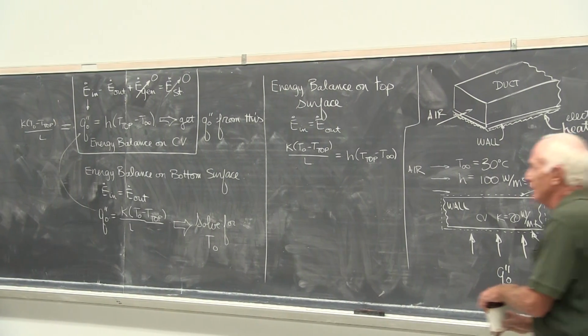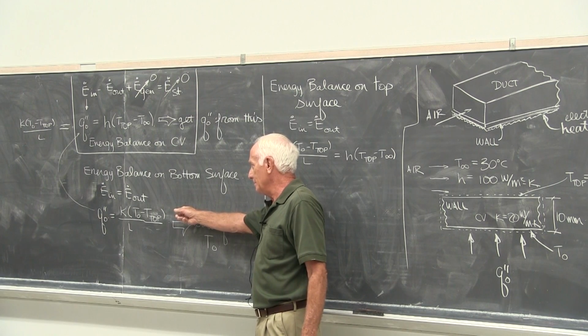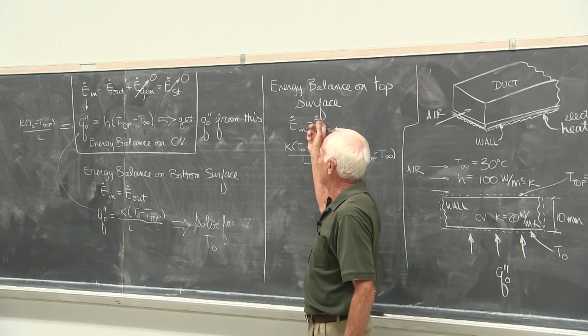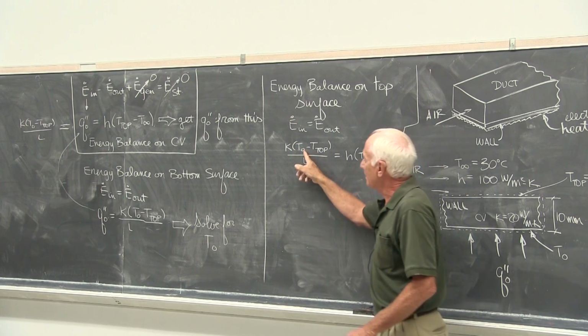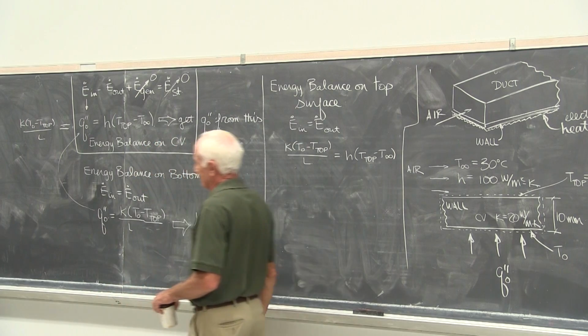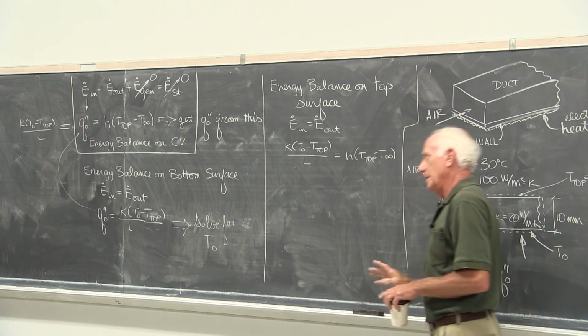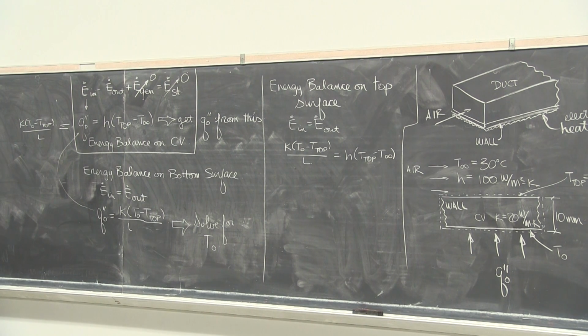If you write this one down first, you say, that's not going to work. One equation, two unknowns. Well, then write the other surface down. Oh, yeah, I'll use this one. I'll solve for T naught. Then I'll use this one, and I'll solve for Q naught. So write the stuff down and look at it during an exam when your mind's under stress. That helps you get started on some problems sometimes.